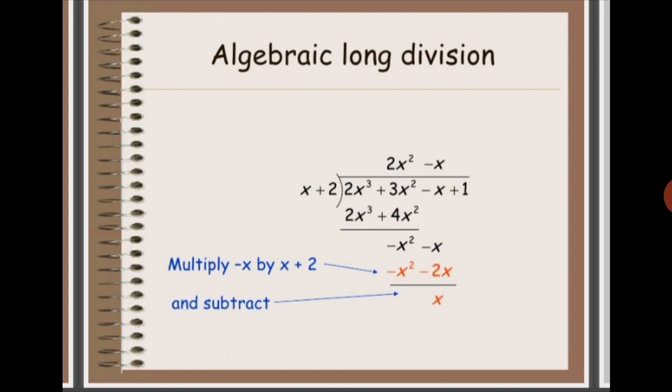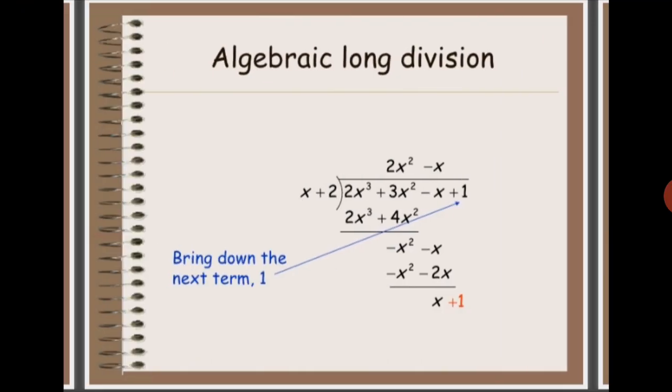The next step is minus x minus of minus 2x, which gives you x. Don't forget to change the sign of minus 2x. Now the next step will be taking the leftover plus 1 of the dividend down. So this is what is done.